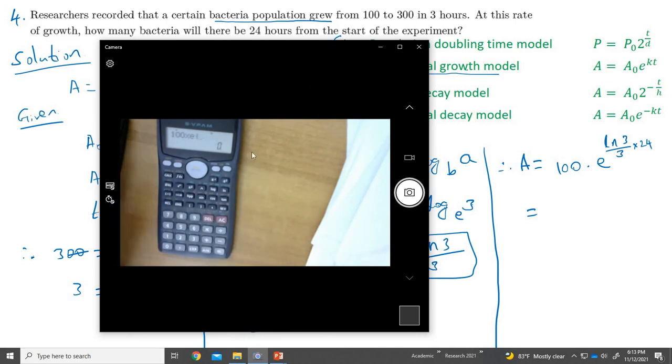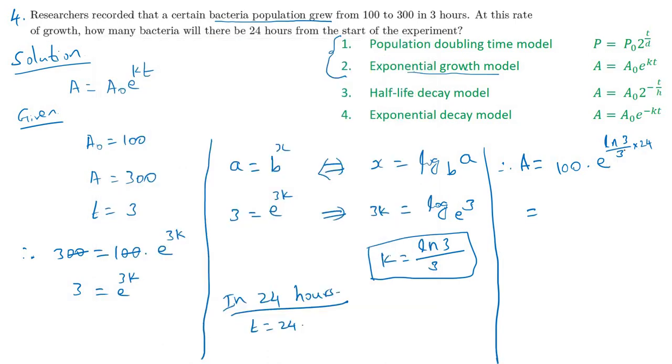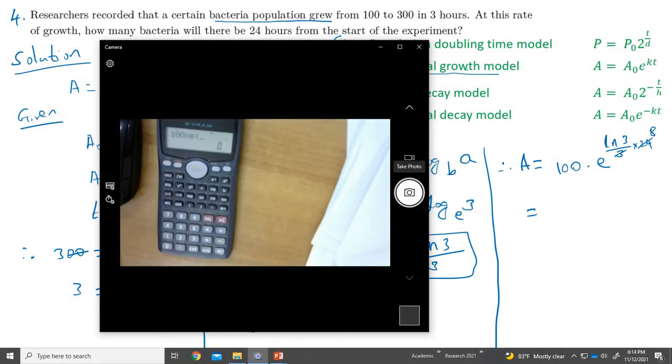Open bracket, ln 3 multiplication 24, then divided by 3. For simplicity, you can cancel 3 and 24, it is 8. So e power 8 multiplication ln 3, close bracket. What is the answer?